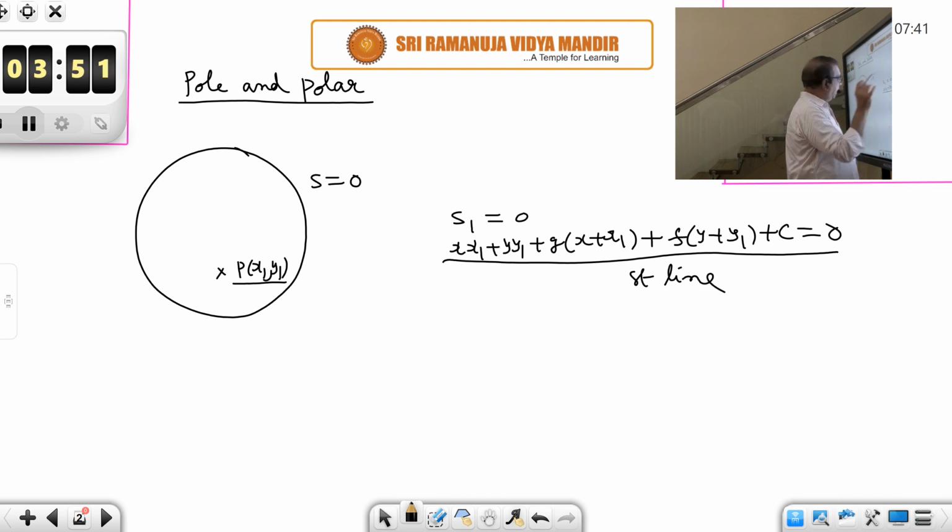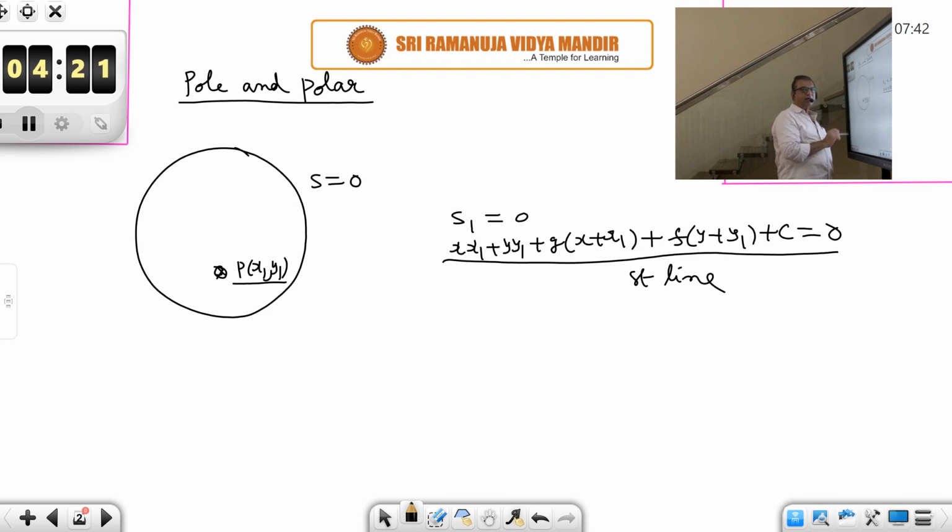What is this straight line for the point inside the circle? It is not the tangent at the point P, because point P is not on the circle. Only if the point P is on the circle is it the tangent at P. Is it the chord of contact? Chord of contact means you have to draw two tangents from the point P and join the points of contact. But here, point P being inside the circle, you cannot draw any tangents.